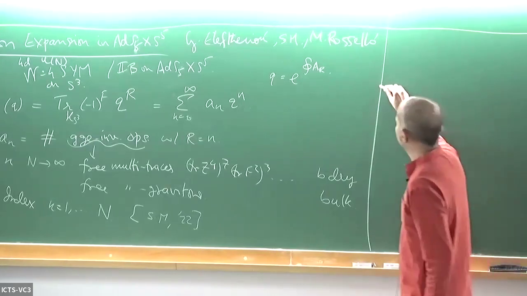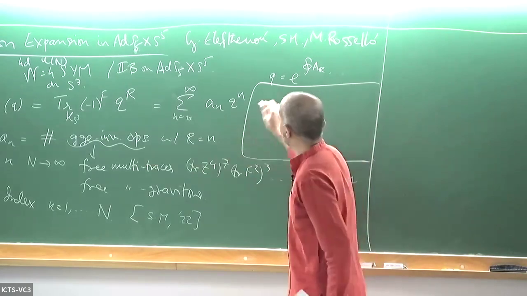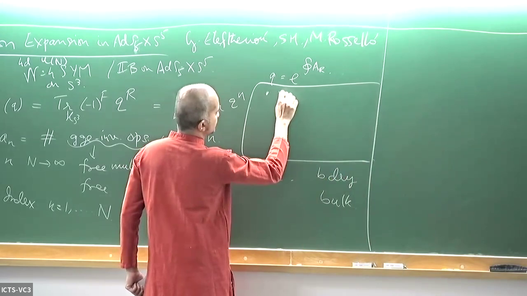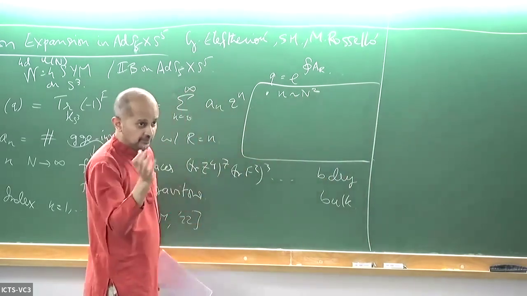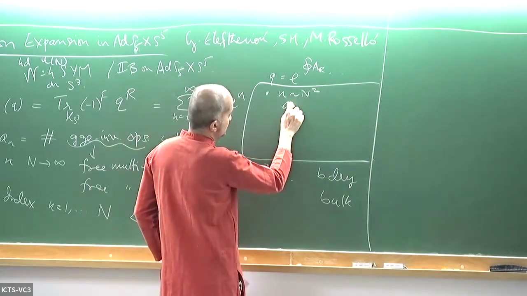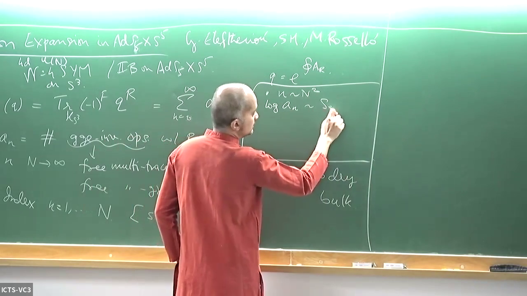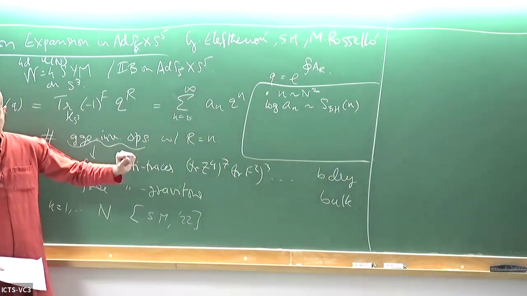But let me say one more thing right here. Instead of this limit, you can take another limit, which is you can take n to scale as n squared. Many people here are also interested in this. In that case, the interpretation in the bulk is that it's the entropy of the black hole with that charge.